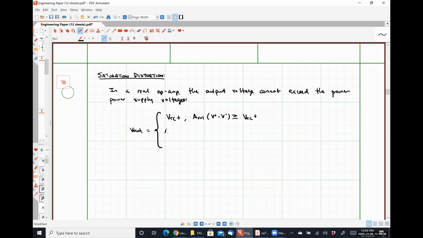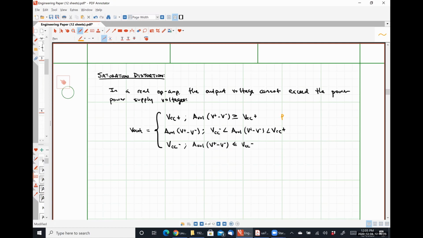It will be AVOL times V plus minus V minus when VCC minus is less than AVOL times V plus minus V minus, which is less than VCC plus. And finally, it will be VCC minus when AVOL times V plus minus V minus is less than or equal to VCC minus.